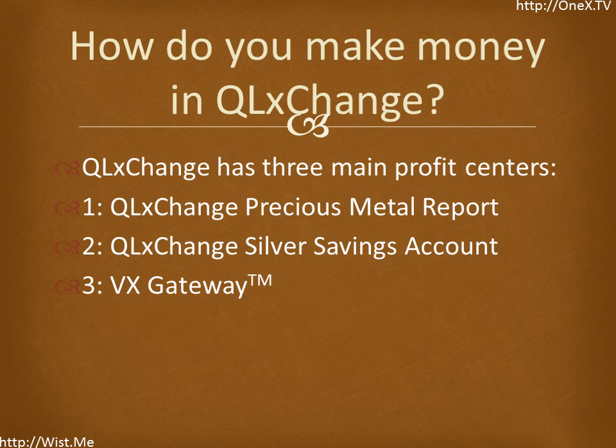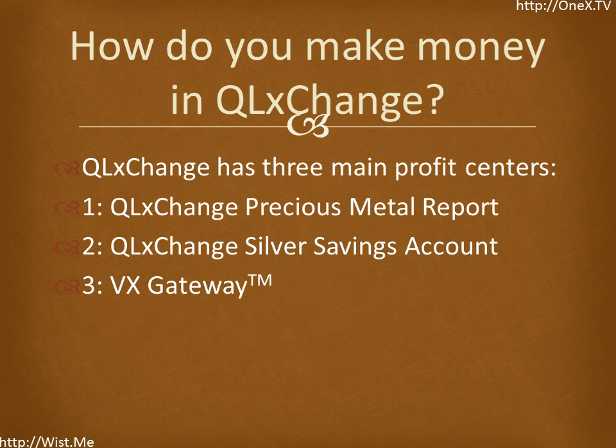Then we have the gateway, and this is exciting. QLxChange will have their own bank. Only they don't call it a bank. They could call it a bank, but they don't call it a bank. They call it a gateway. And this gateway, well, the name bank says it all.